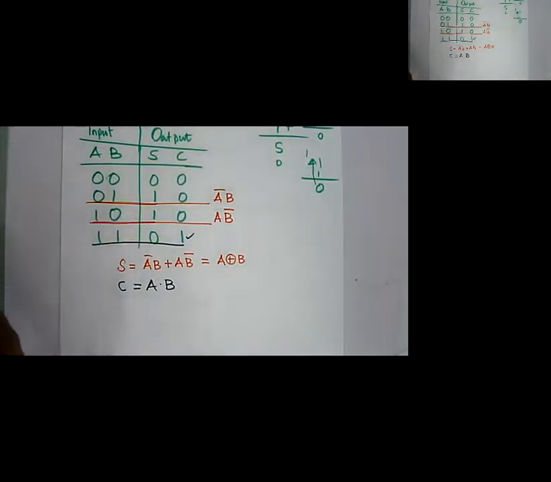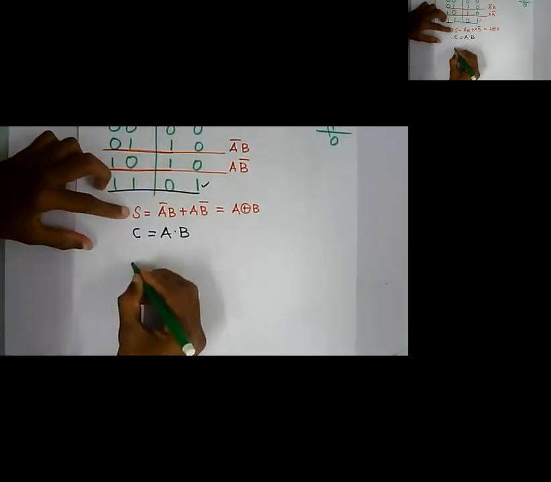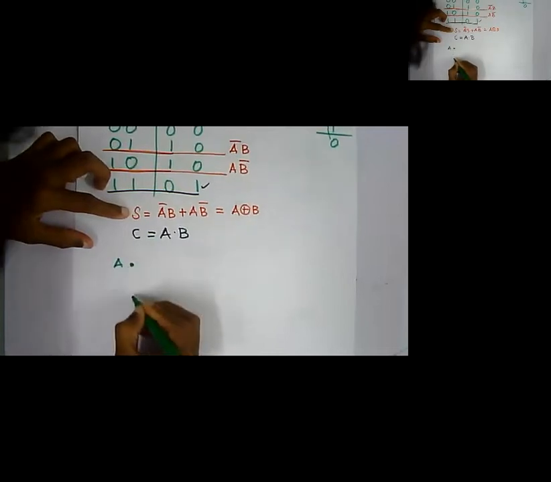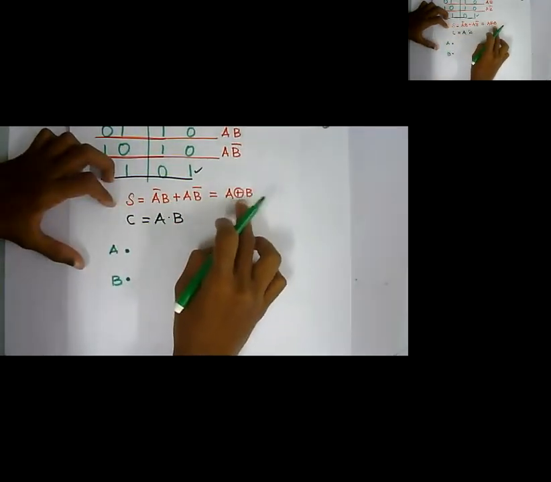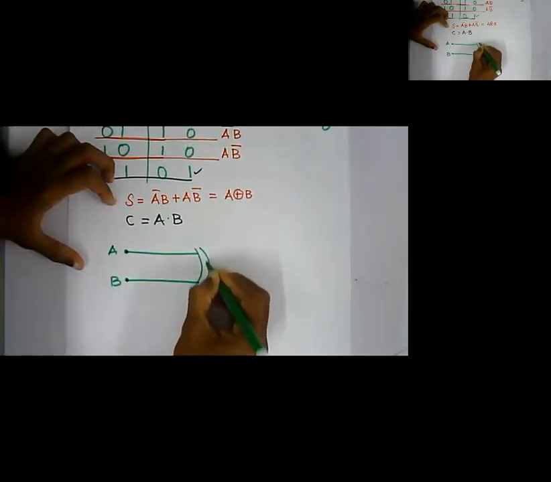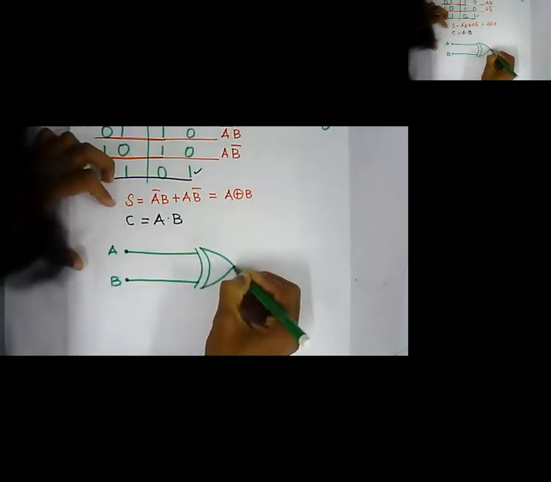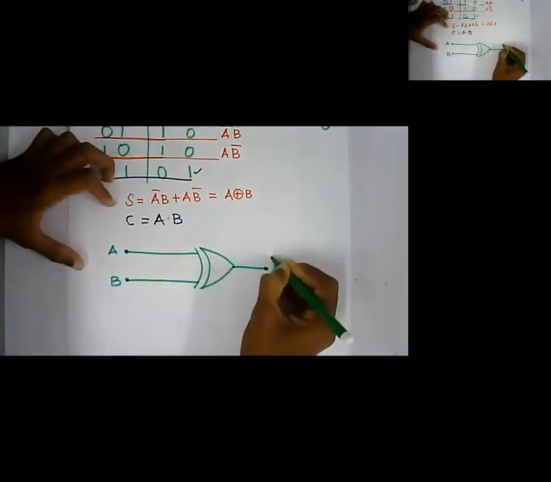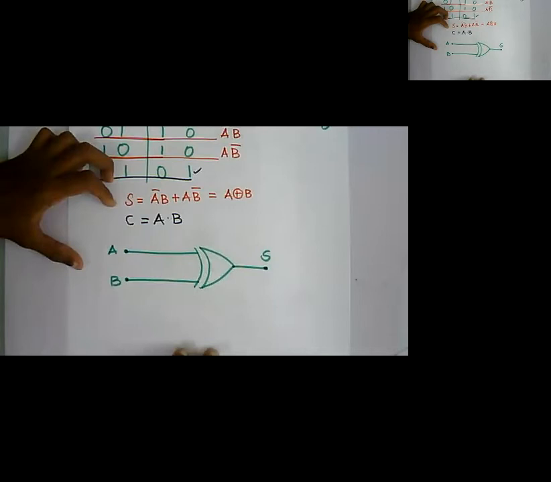Now, I need to design the circuit. For my sum, I have inputs A and B, and my sum is A XOR B. I can take both inputs together into an XOR gate, and this will be my sum.